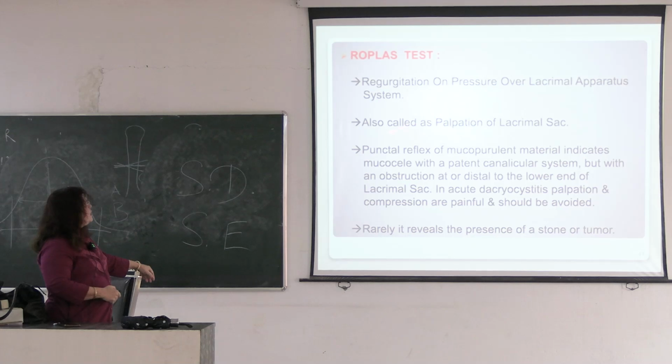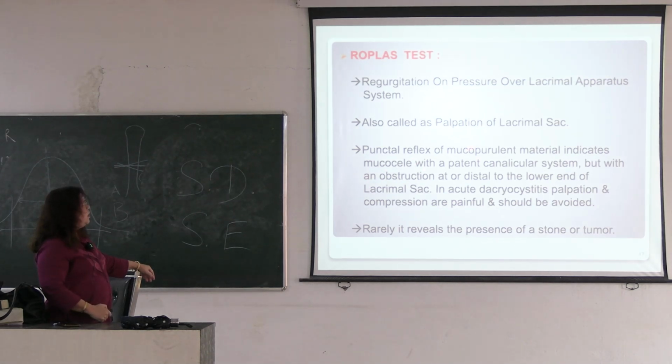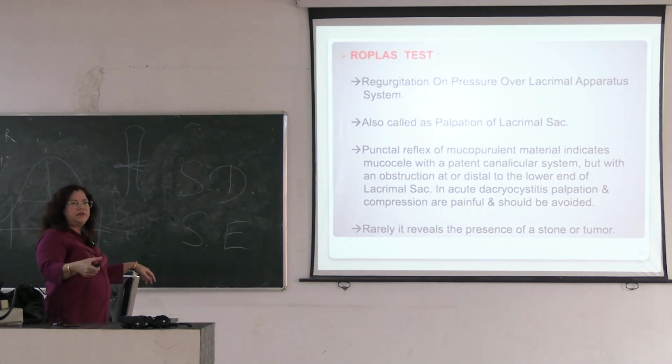Then the second test is, this regurgitation is also called palpation of the lacrimal sac. Then punctal reflux of mucopurulent material indicates mucocele. When a mucocele is present and we press the lacrimal sac, the mucoid discharge comes out, that is due to the mucocele.